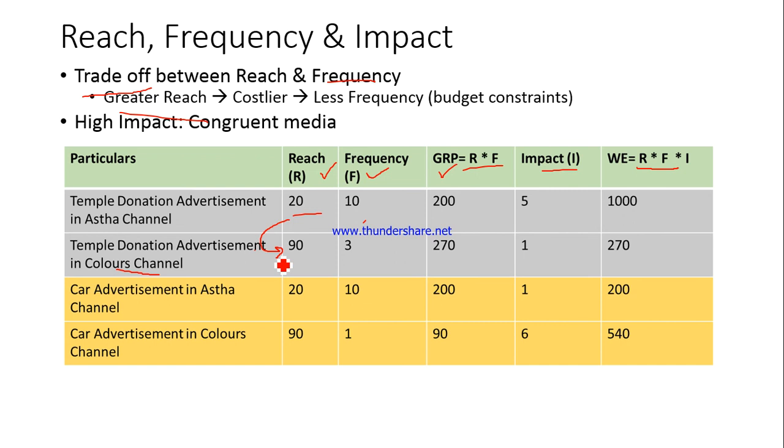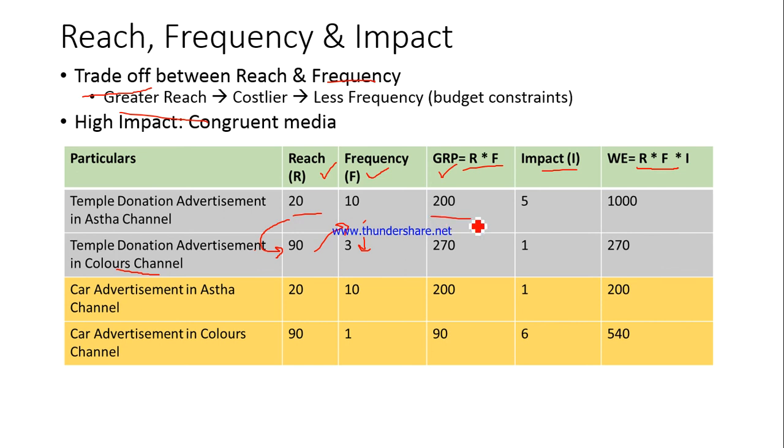You see, the reach is almost 5 times, which means that naturally Colors is more popular, being watched by more households. But when the reach is higher, you simply cannot spend a lot, and that is why you reduce your frequency. So on an average you are ensuring that the members in the target audience are getting exposed to your ad at least 3 times, right?